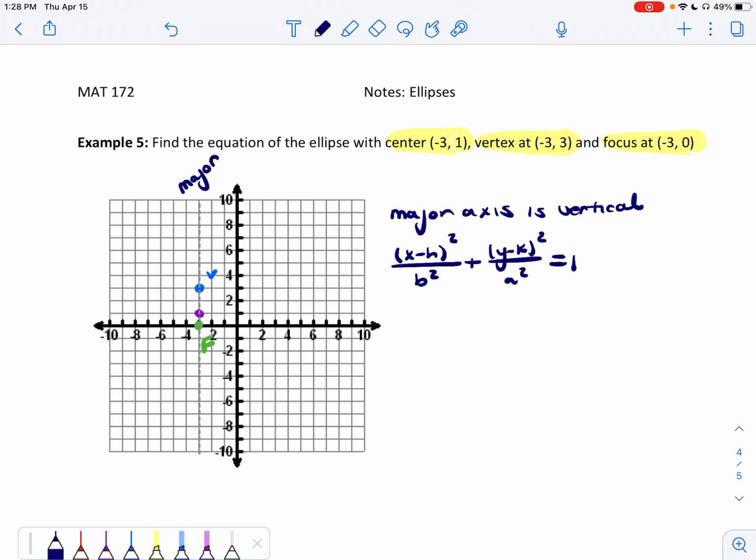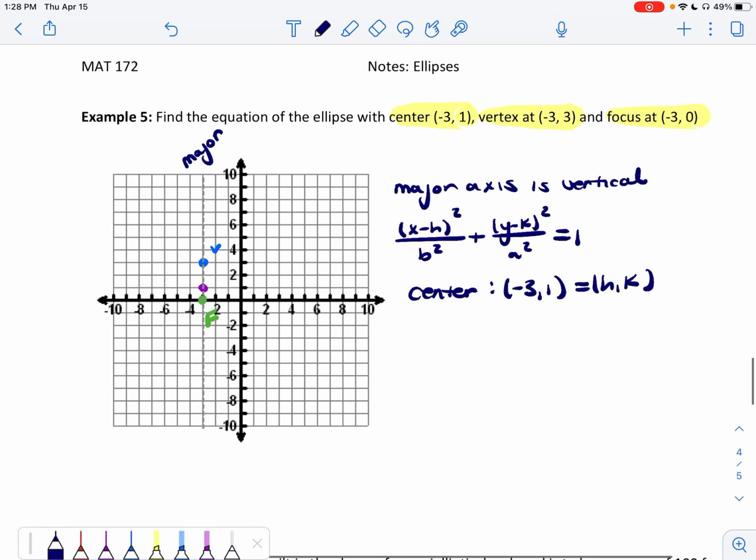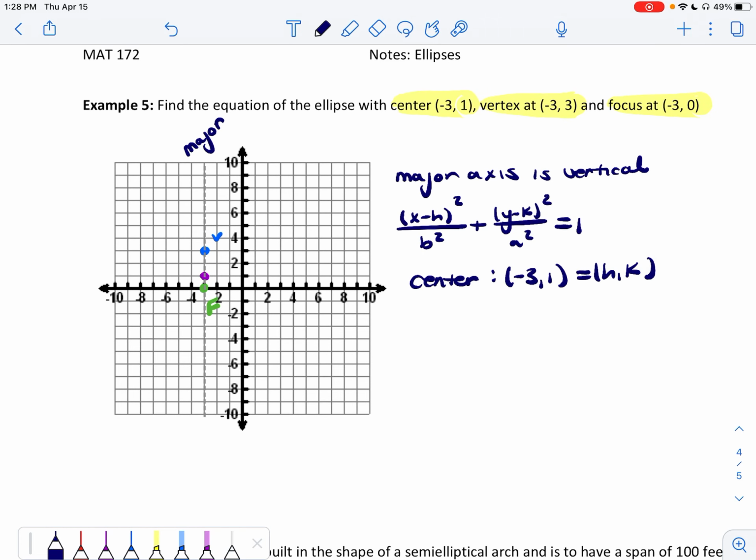All right, well, the h and k is easy. That's just from the center. So we know that the center of this is at -3, 1. So that's just our h and k. We also know that from the vertices, we can find the a value. So remember, a is the distance from the center to the vertices.